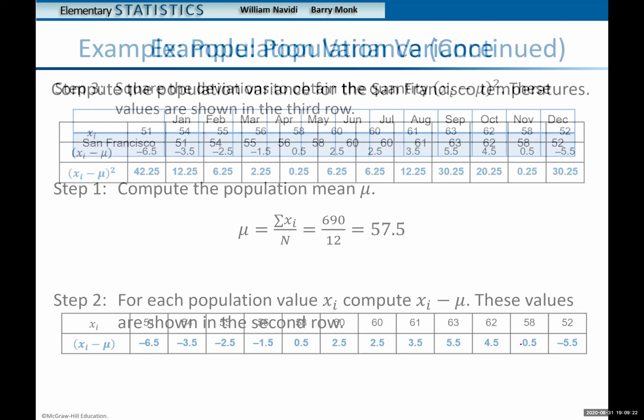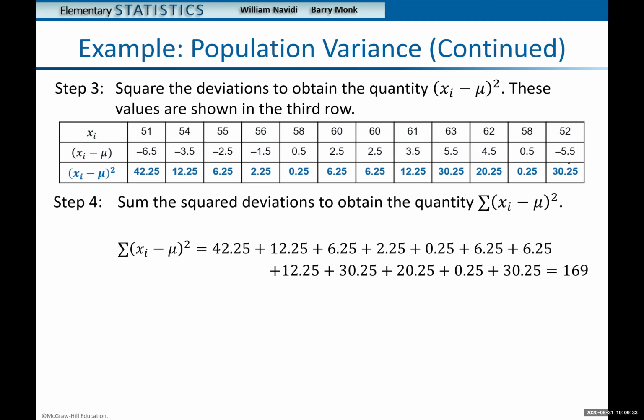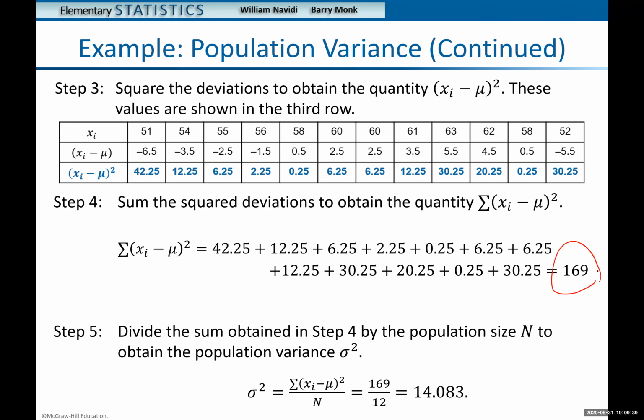Then step number 3 is you square all those numbers, negative 6.5 squared up to negative 5.5 squared. And then you get the sum of all these blue numbers, which is 169. And then you divide it by the total of numbers, which is 12 different temperatures. So 169 over 12 is equal to 14.083.